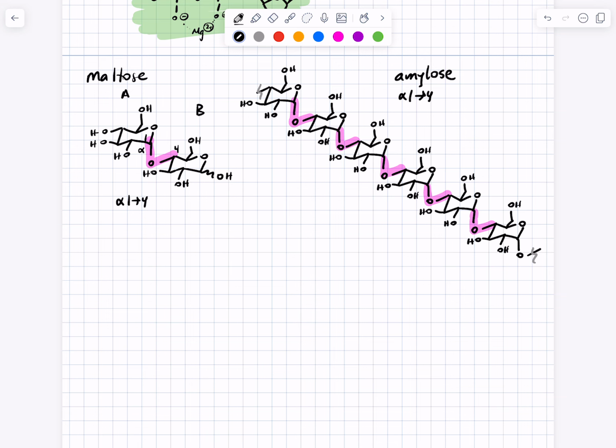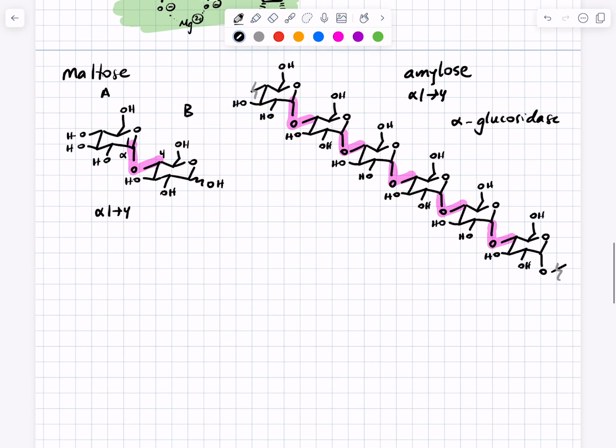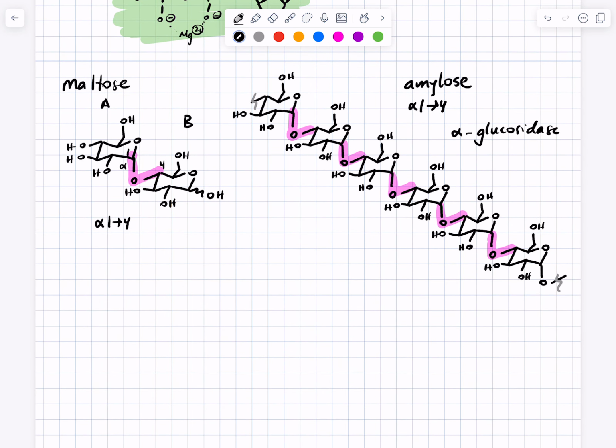And your body has an enzyme called alpha glucosidase. It's called glucosidase because it's good at hydrolyzing the alpha glycosidic linkage between glucose subunits. And this starts to work even as you start to put food in your mouth.